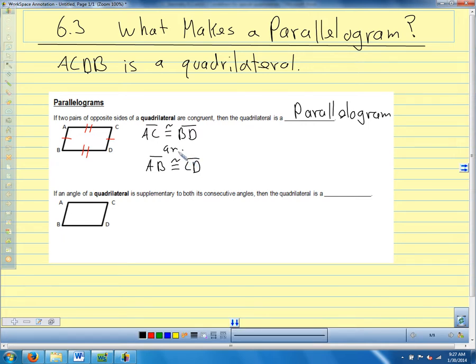If both of those things are true, then we are guaranteed that that shape is a parallelogram. On the opener, we started out knowing that the sides were parallel. Here we don't know the sides are parallel. All we know is we have a quadrilateral. Well, if the opposite sides are congruent, then we're guaranteed that we have a parallelogram.